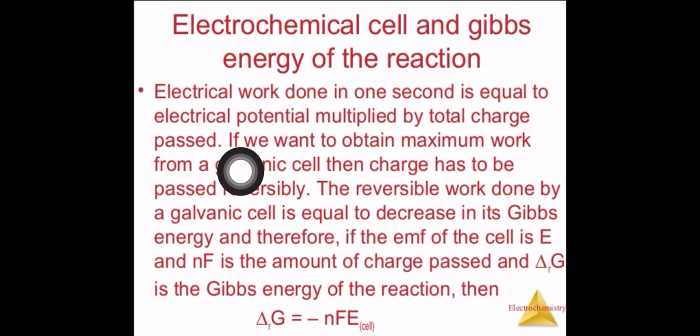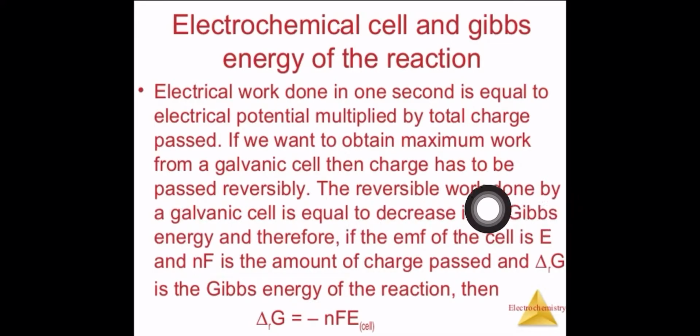Okay, so if we want to obtain the maximum work done from a galvanic cell, then the charge to be passed is reversible. Okay, in order to get the maximum work of a galvanic cell, we need to pass the charges, but it should be in the reversible direction.